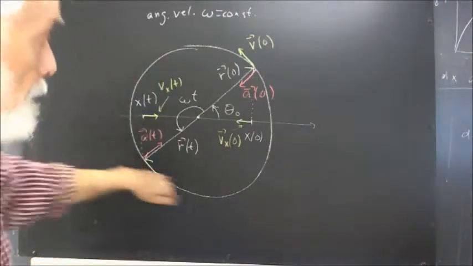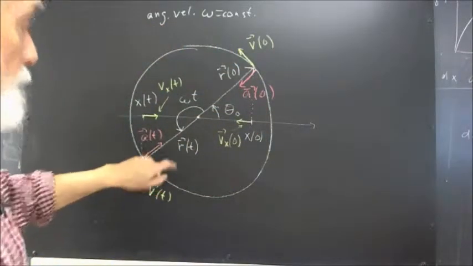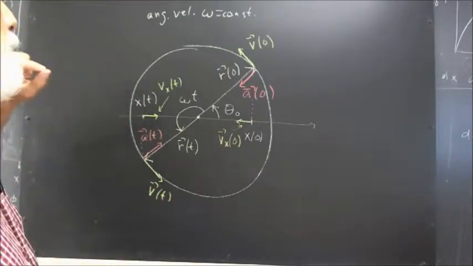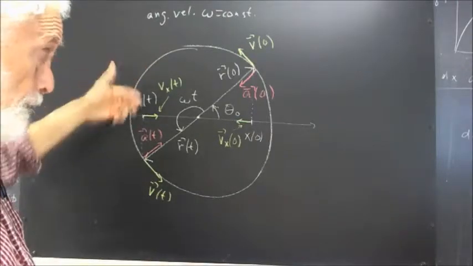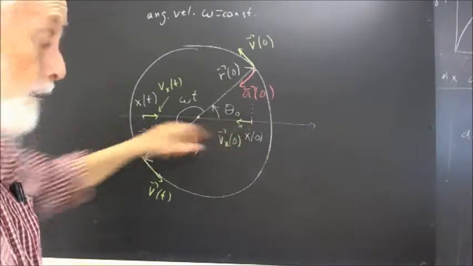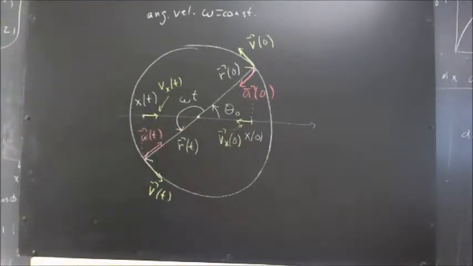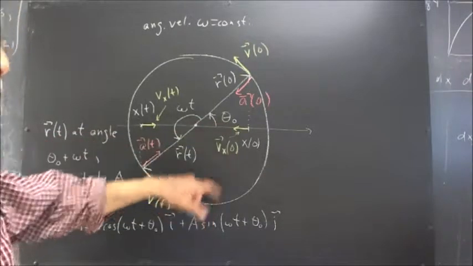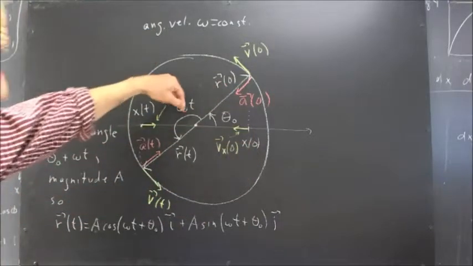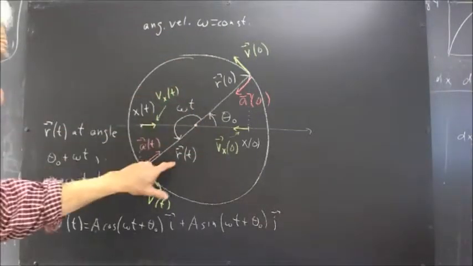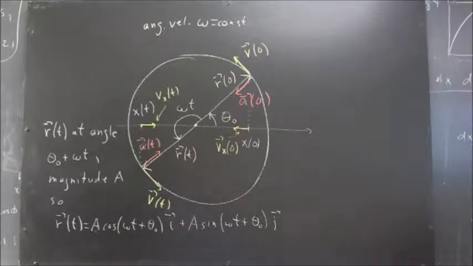So as the point moves around the circle, these three vectors follow it, and their projection gives you the position, velocity, and acceleration of the point undergoing simple harmonic motion on the x-axis. From theta naught and the radius of the circle, which is a, the amplitude of motion, haven't written that down, and omega, we get the function r of t, and it's very straightforward.